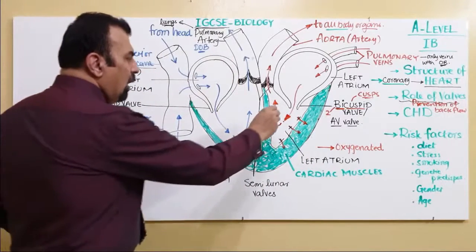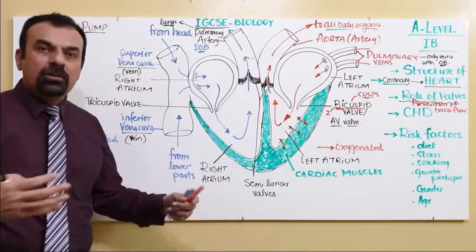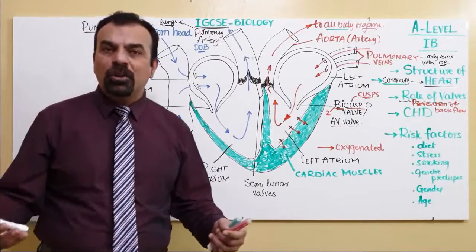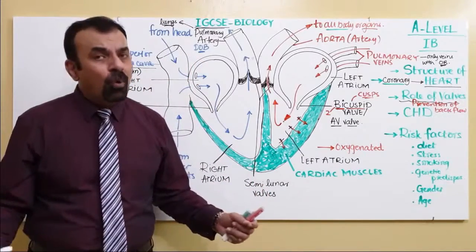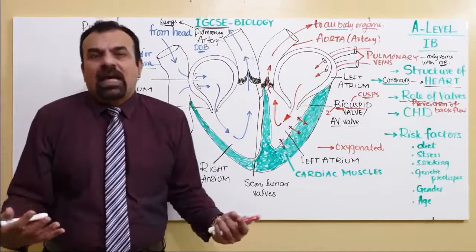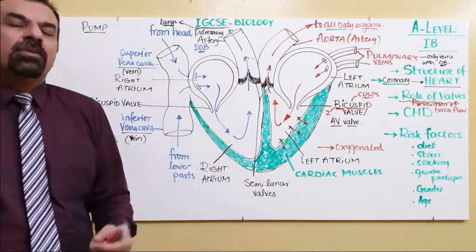So then how is the heart going to get oxygen? How is heart going to get glucose? Because heart needs glucose, heart needs oxygen. For what purpose? Of course, it has to do respiration, and glucose is needed to do respiration.